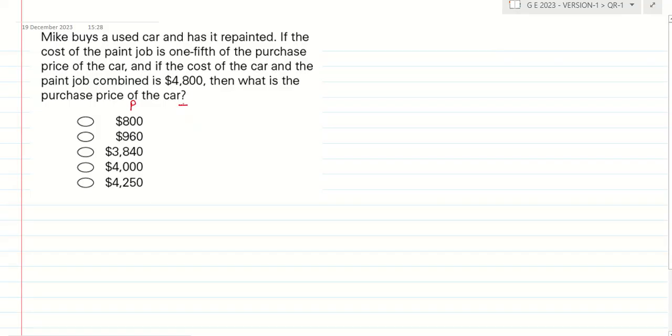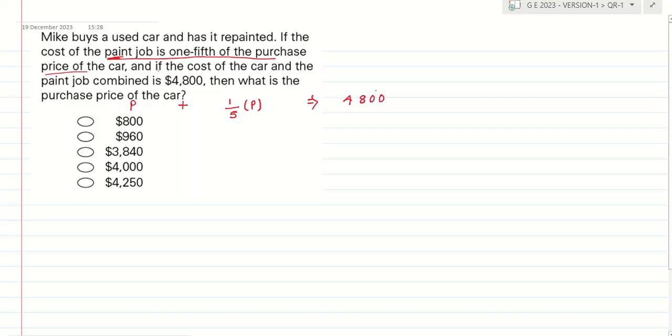If I add the painting cost, correct? See, it's given here: the purchase price of the car and the painting cost. 1/5 of the purchase price is the painting cost. If I add it together, how much will I get as the target? 4,800.